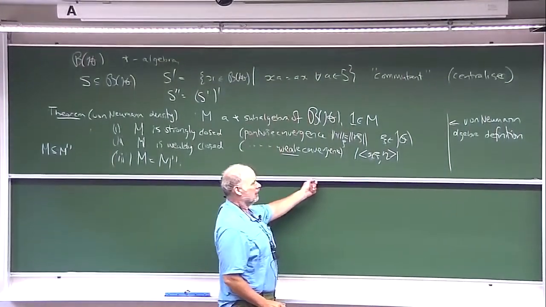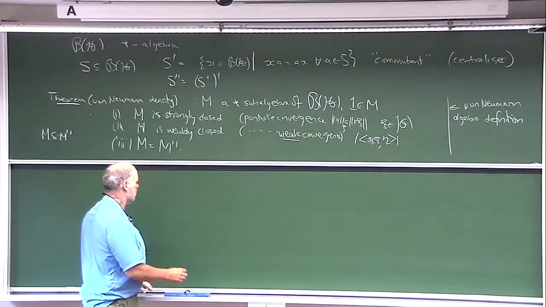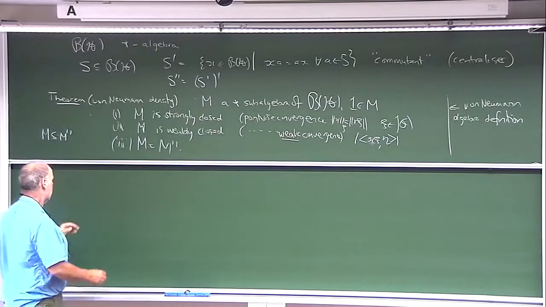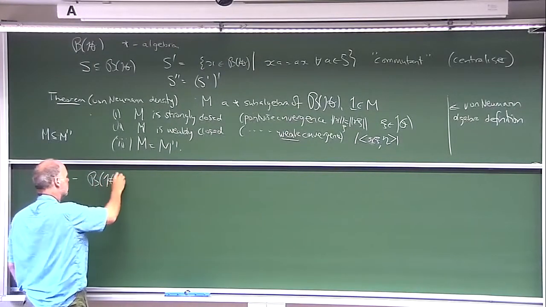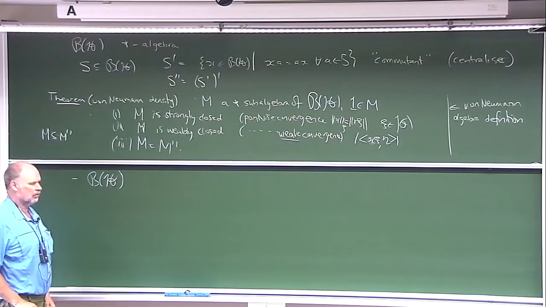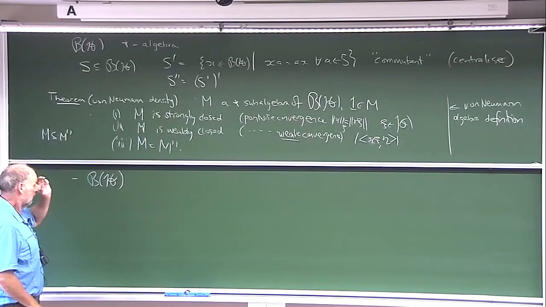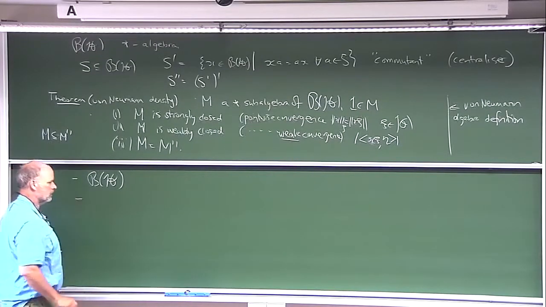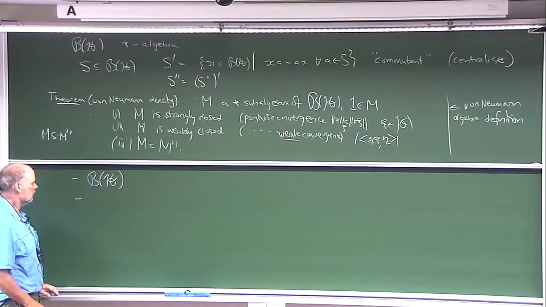Okay, and yesterday I gave you some examples of von Neumann algebras, and I gave you some important non-examples also. The first example is B(H) itself, which is tautologically, by any of those three definitions, obviously a von Neumann algebra. So this includes, of course, in finite dimensions, the full matrix algebras.